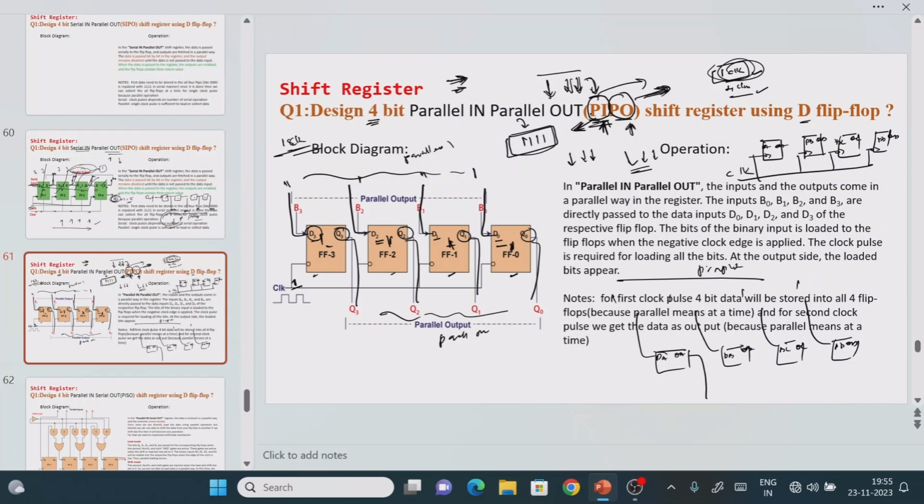You just take from here, here, here, here. Then this operation is called the parallel output. That's it. Synchronous means you apply the common clock pulse. So this is what we call parallel in, parallel out. The first clock pulse means the value will be stored. For the second clock pulse, the value will be obtained as the output. That's why parallel is much faster than serial, right? Thank you.